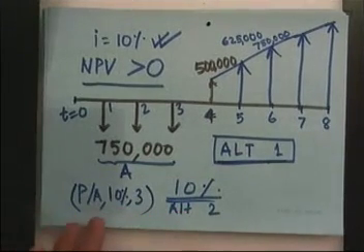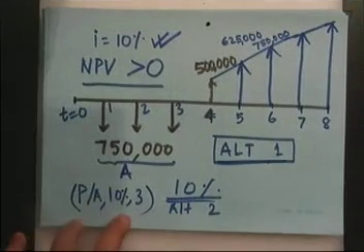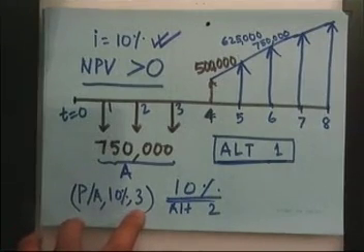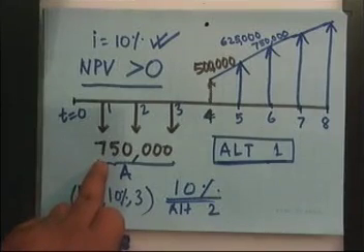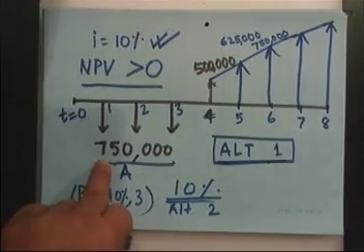So, I find out the value of P given A, 10%, for a period 3 and multiply it with 750,000. The value I write in negative.